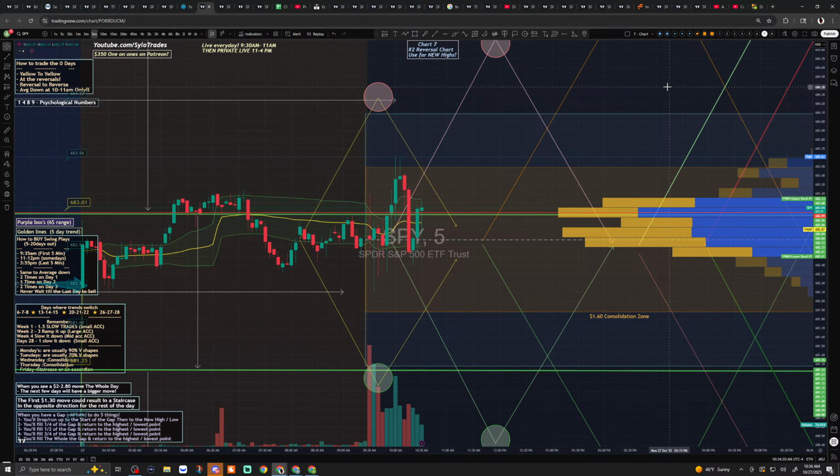I guess this is technically the fourth trade today. That's 1. That's 2. That's 3.